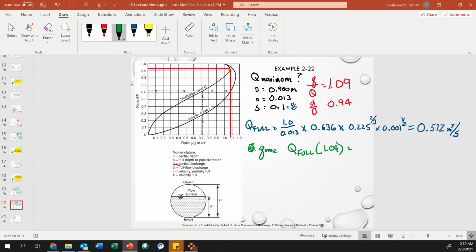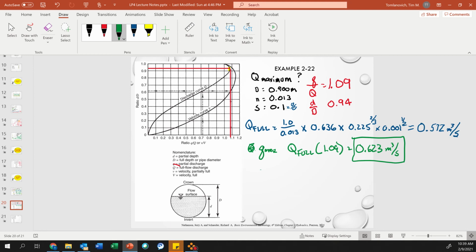So that is 1.09 times 0.572, which equals 0.623 cubic meters per second. So that is our first answer, because the question is asking what is the maximum possible discharge capacity of a 900 millimeter diameter pipe. So I answered that, and we can go even further with that.